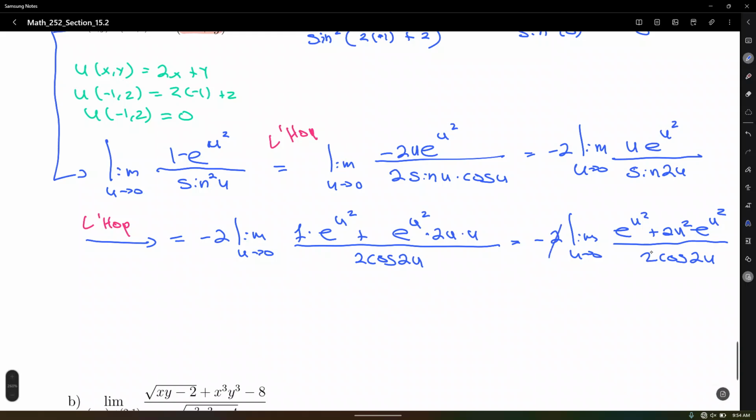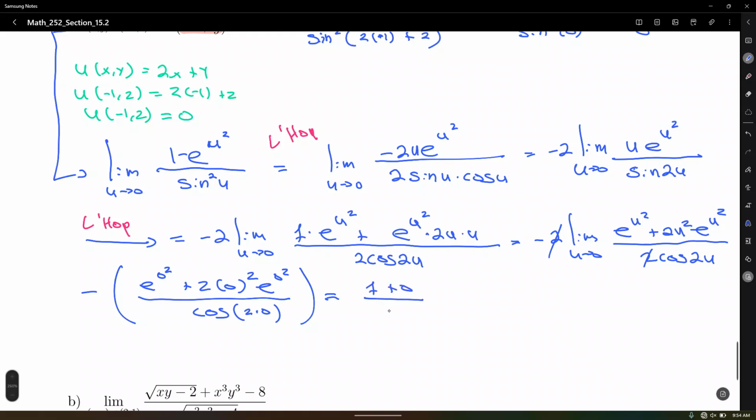Actually, we can divide out these 2's already, so negative e to the 0 squared plus 2 times 0 squared e to the 0 squared over cosine 2 times 0. That equals 1 plus 0 over 1, which is, don't forget the negative, negative 1. So negative 1 is the limit here.